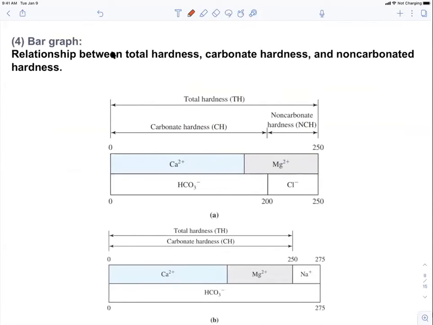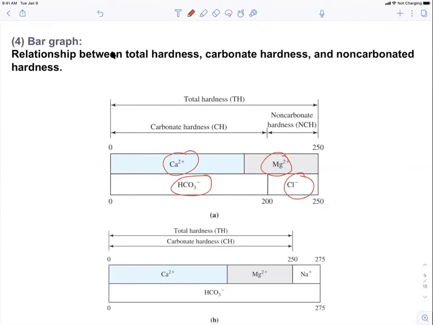Okay, so what happens is that if you analyze the water sample, what you can see is that under some scenarios, let's say there are too many of these hardness ions, right? And at the same time, you don't have a lot of bicarbonate ions. So because the water is neutral, there has to be some anions that couple or bond with these cations. So these can be chloride ions, right?